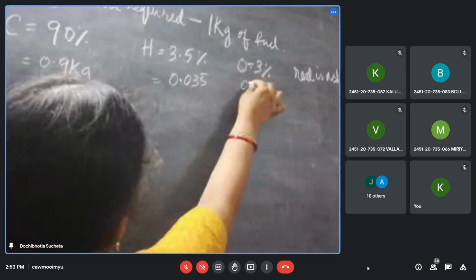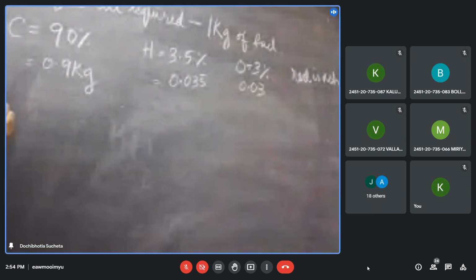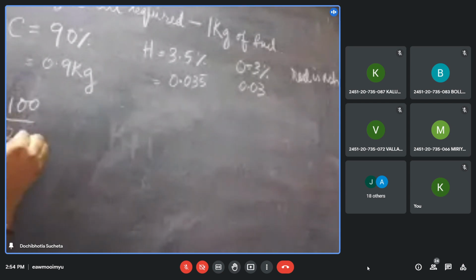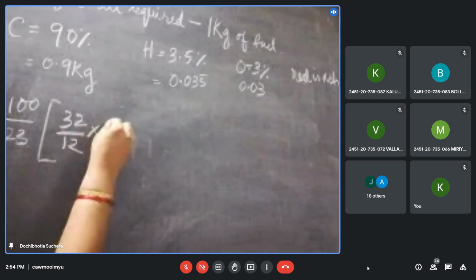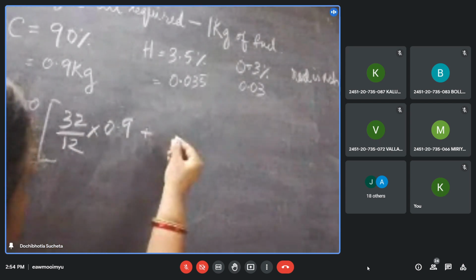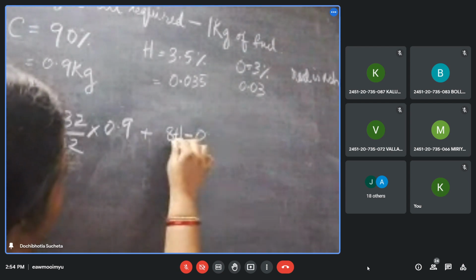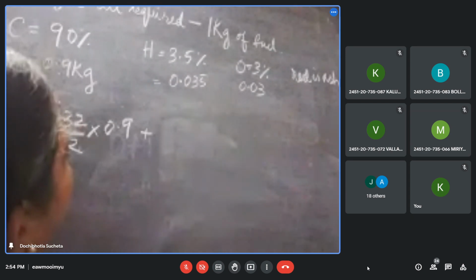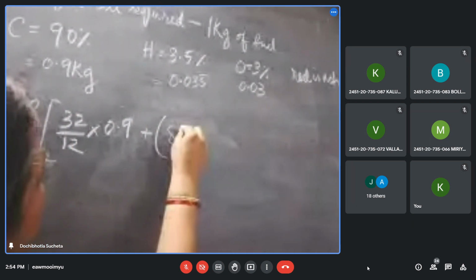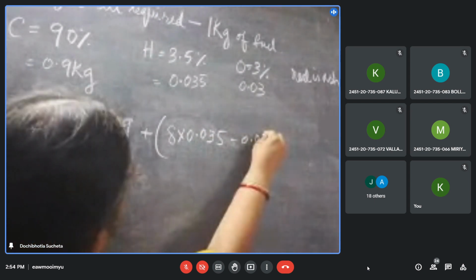How about this? 0.03 is oxygen. What's the formula used? 100 by 23 into 32 by 12 into 0.9 plus 8H minus O. 8H minus O will be 8 into 0.035 minus 0.03.